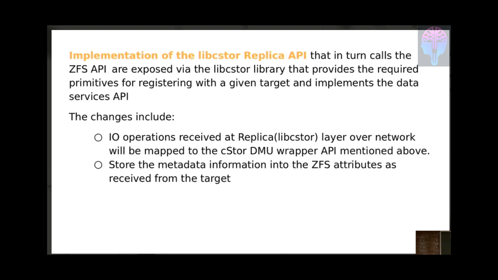And when the target sees that the volume is healthy, and who tells the volume is healthy? The volume itself sends a signal, I am healthy. Then IO operations will start coming from the application to the normal iSCSI device, which runs on the same node, to the target, then to the replicas.